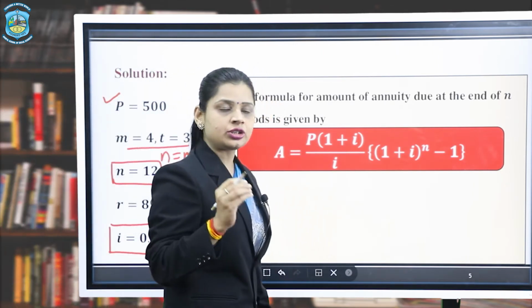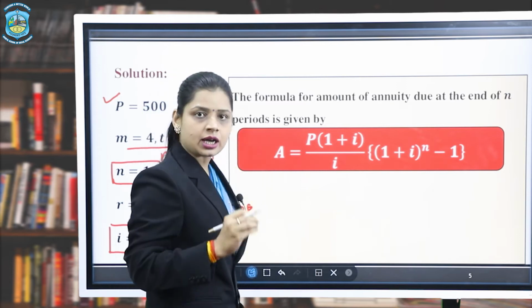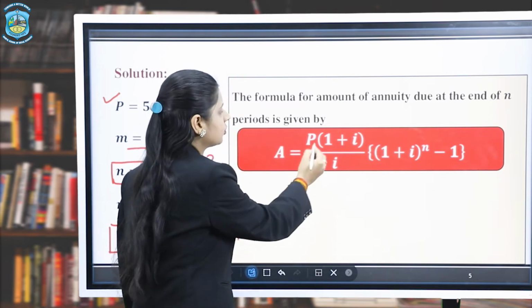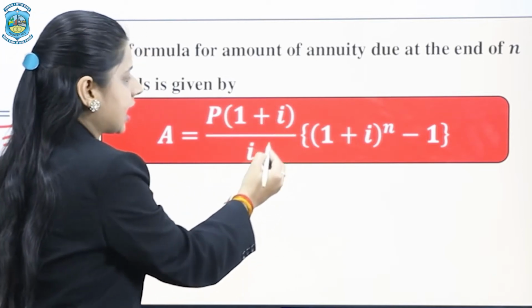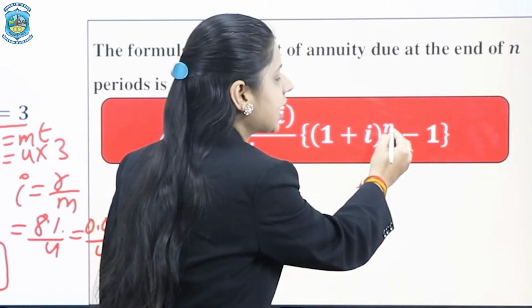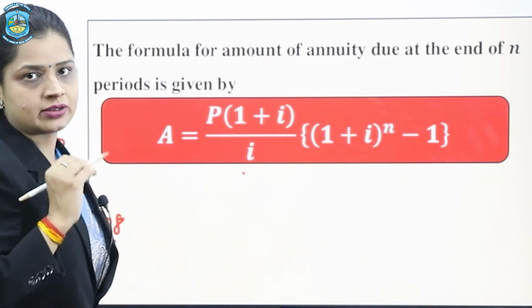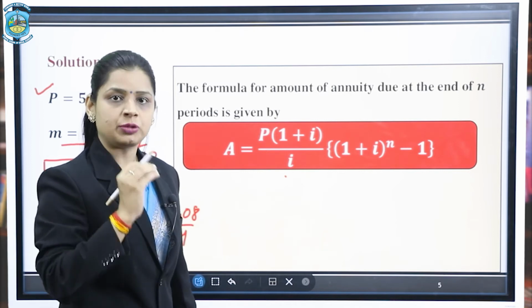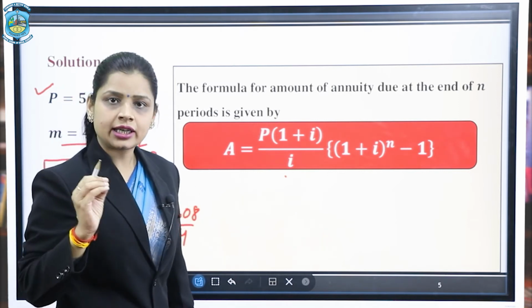Now, we will use the formula for annuity due to calculate the amount, and it is given by A equal to P of (1 plus i) by i multiplied with (1 plus i) to the power n minus 1. And we will substitute the values of P, i and n.